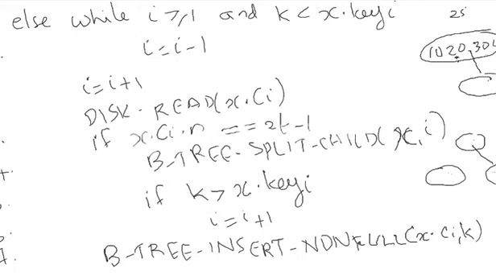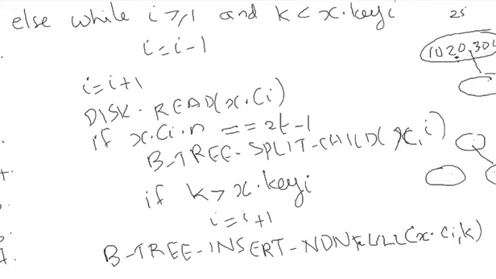So, for that purpose we check if k is greater than x dot key I. If it is greater than x dot key I, then we need to advance I is equal to I plus 1. We will move one position, which means the right child will be taken. B tree insert non full of x dot ci comma k.